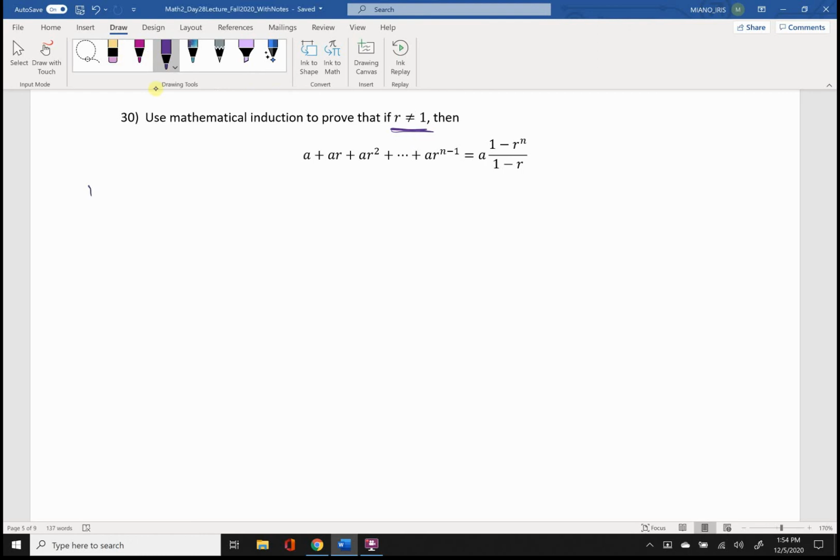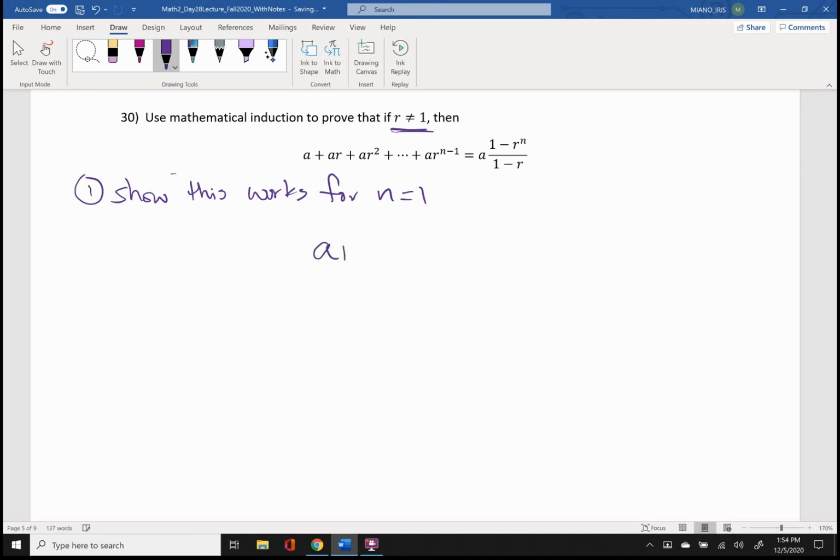Step 1. Show it works for n equals 1. So again, use the structure of the last term in the sum to illustrate this.